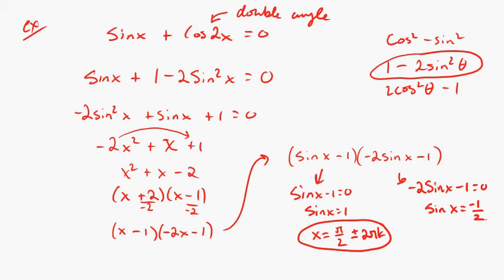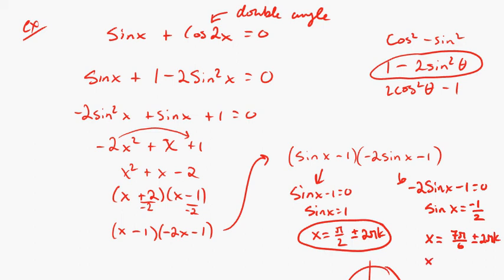And there are actually two places where this can be. When x is, this would be the position 30 degrees past 180 here. So that would be pi over 6 plus pi. That would be 7 pi over 6. And then plus or minus 2 pi k.